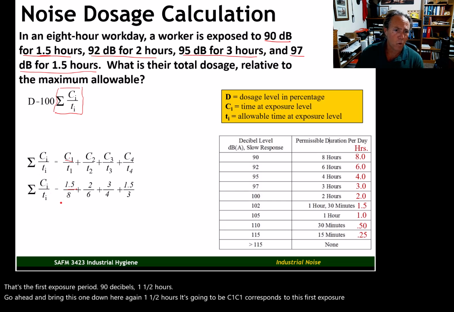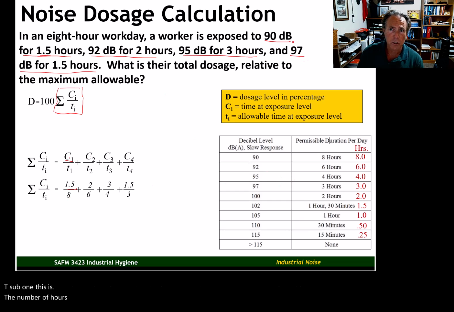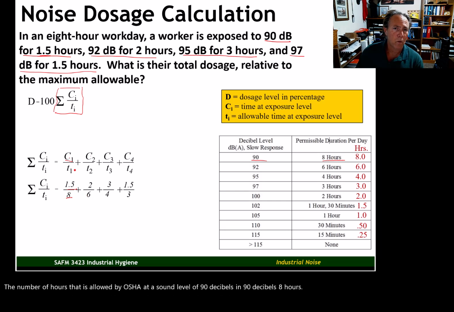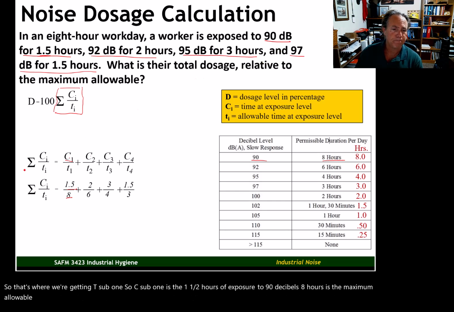Now T sub 1, this is the number of hours that is allowed by OSHA at a sound level of 90 decibels. Again, 90 decibels, 8 hours. So that's where we're getting T sub 1. So C sub 1 is the 1.5 hours of exposure to 90 decibels. 8 hours is the maximum allowable exposure to 90 decibels.